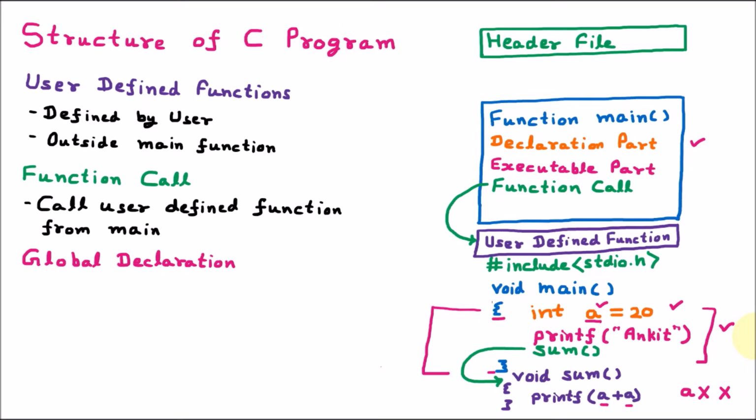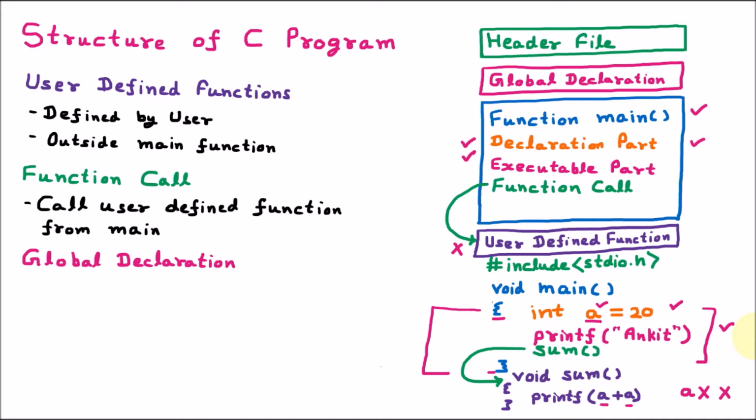To overcome this problem, we are having the global variables, or we call this the global declaration. So global declaration comes above the main function. So now understand that if we have declared one variable here inside the main boundary, it can only be accessed inside the main, but it cannot be accessed inside the user defined function.